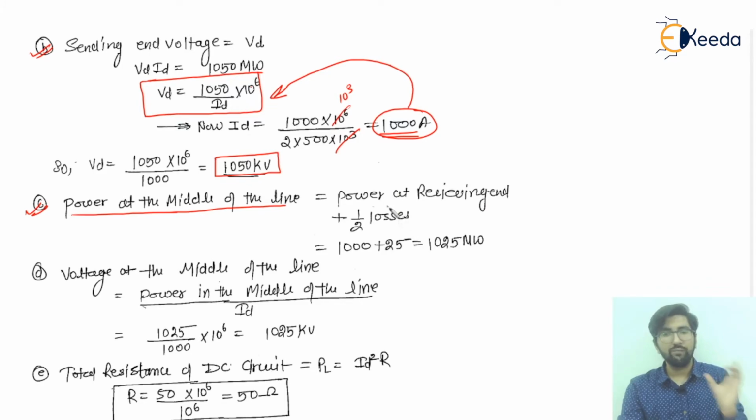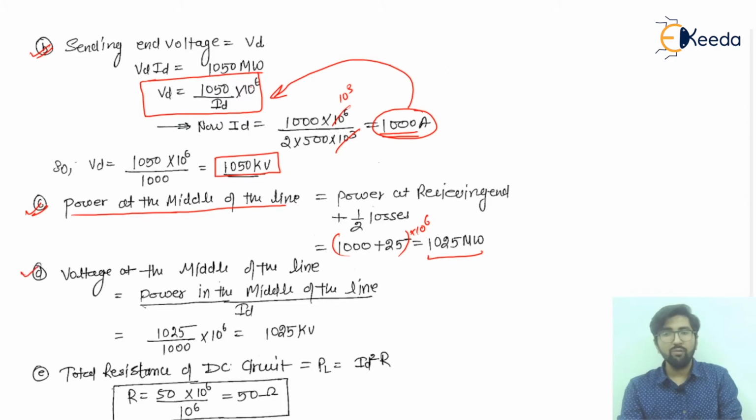Because if we add the full losses, then we will come to the sending side, but we have to come to the middle of the line, so we only add half of the losses. This is the power at the receiving end, 1000, and this is 25, into 10 raised to power 6. Then you are going to get 1025 megawatt.